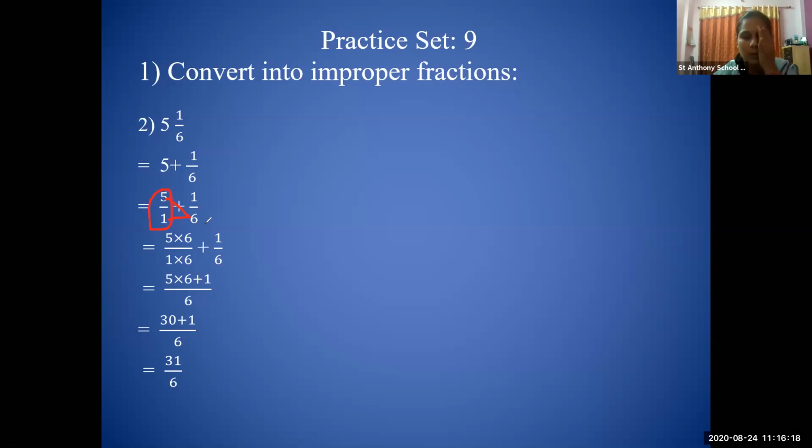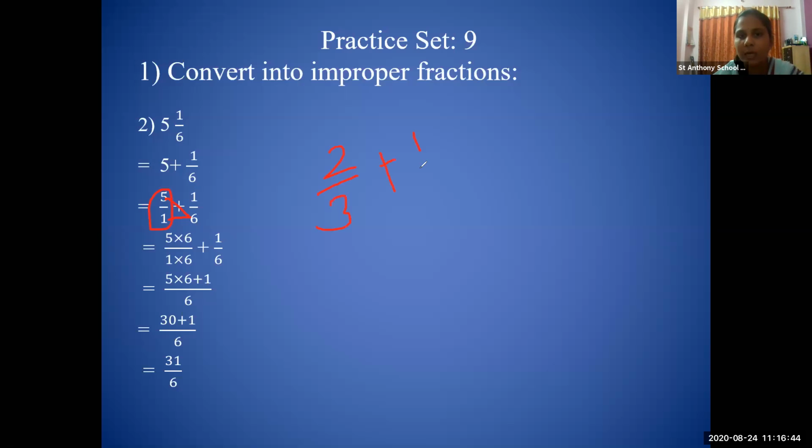We will not do any addition or subtraction of fractions unless and until we get the same denominator. हम लोग कोई भी फ्रैक्शन का एडिशन और सब्ट्रैक्शन नहीं कर सकते जब तक हमको इक्वल डिनोमिनेटर नहीं मिलता. For example, if 2 upon 3 is there, please pay attention everyone, 2 upon 3 plus 1 upon 3.